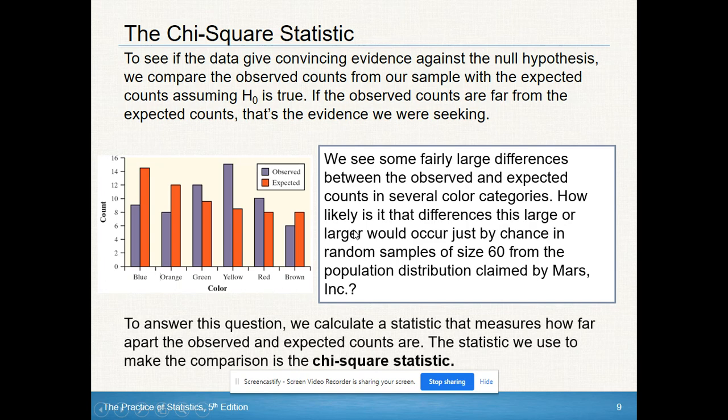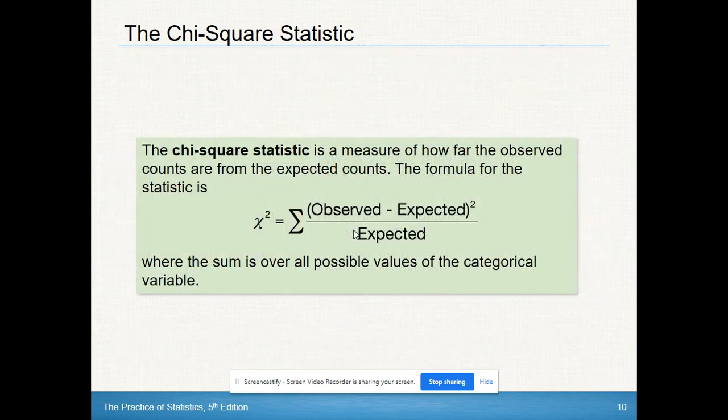To answer this question, we're going to come up with what we call a chi-squared statistic. The chi-squared statistic is used for tests for goodness of fit, for tests of homogeneity, and also for tests of independence, which we'll look at later on. Today we're just looking at goodness of fit, but it's the same test statistic for every single test.